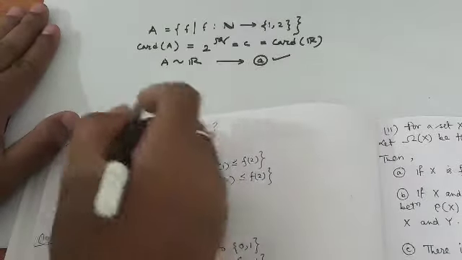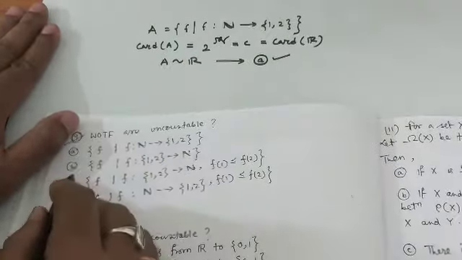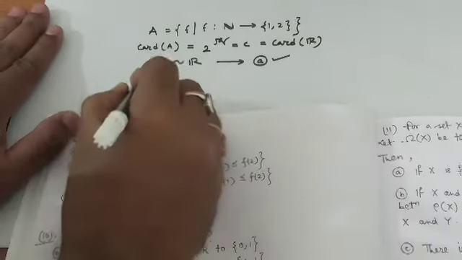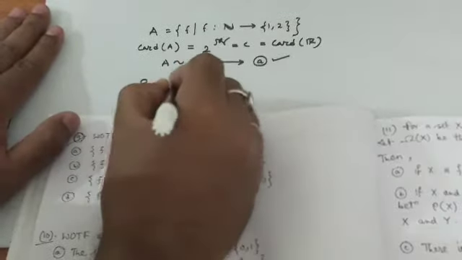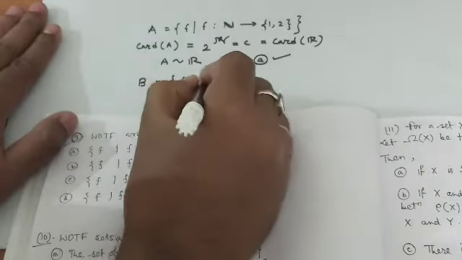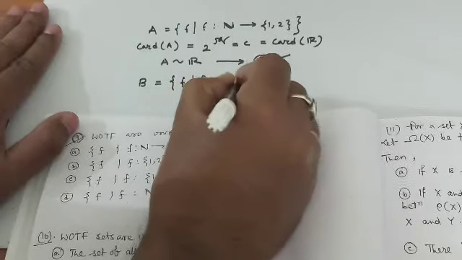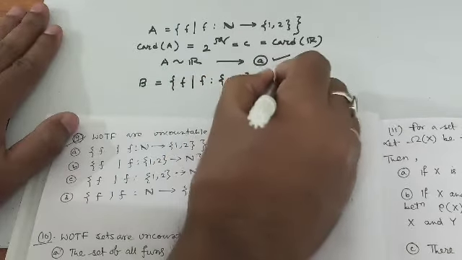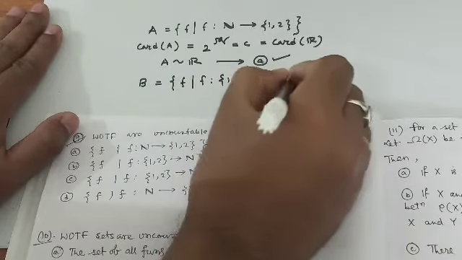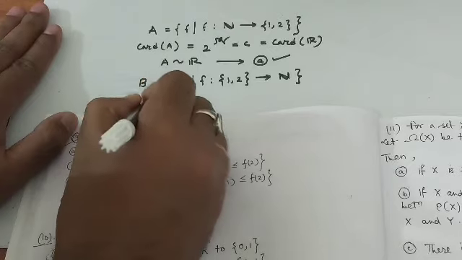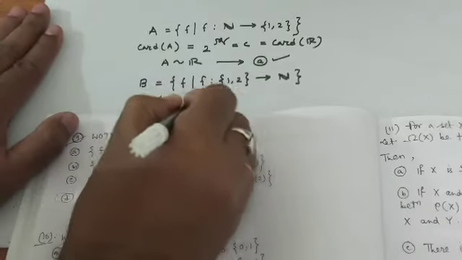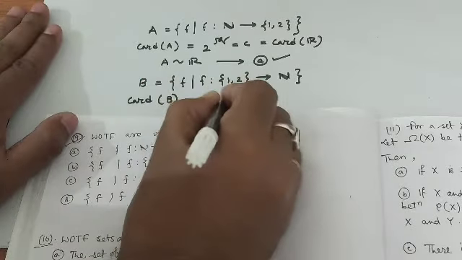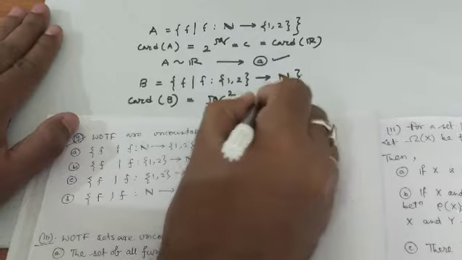Alright. If you consider the second one, that is B, the set of functions F mapping from {1, 2} to N, consider its cardinality. It is nothing but aleph-not to the power 2, so it is aleph-not.